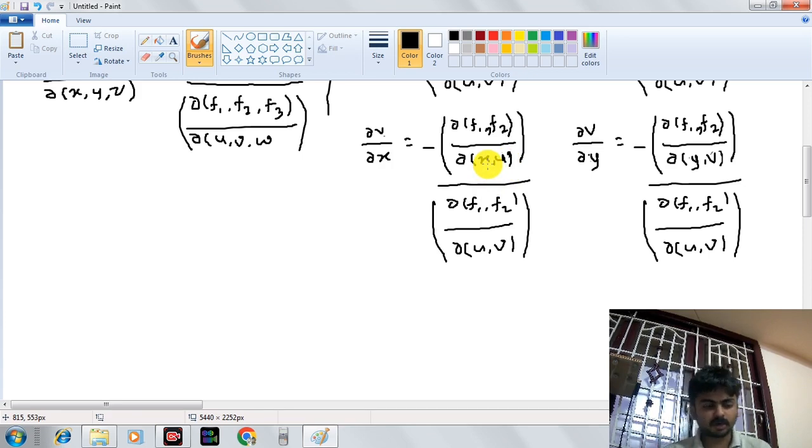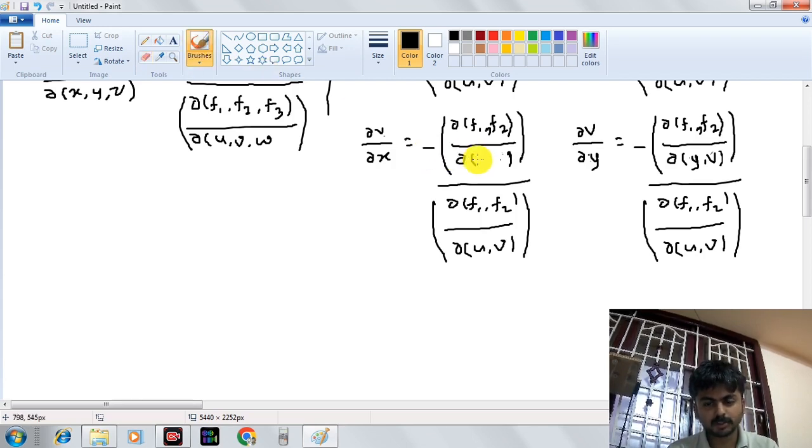That change is in the formula itself. So first I shall write it like this for our easy understanding, then we can change the formula. So ∂v by ∂x equals ∂(f1, f2) divided by ∂(x, u), which is changed to ∂(u, x).